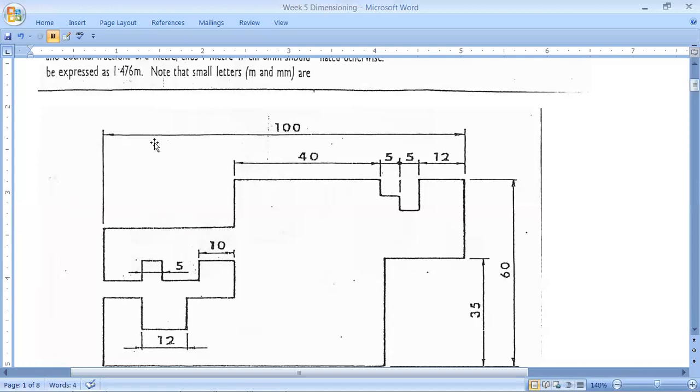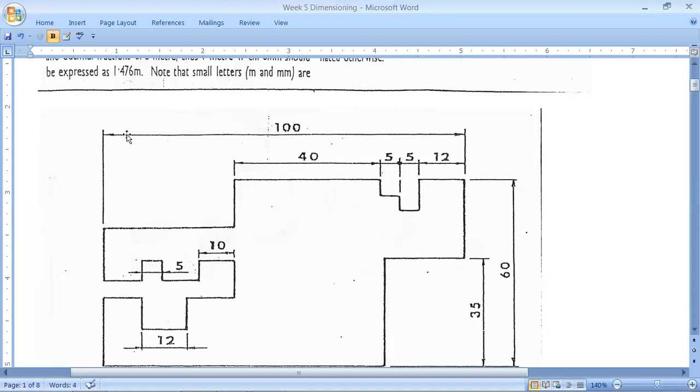The dimension line is always placed parallel to the edge of the object that you are drawing. If this is the side of the object that we are dimensioning, the dimension line has to be parallel to this line. Meaning, if you use 20 millimeter from here to here, it has to be the same 20 millimeter from here to here.